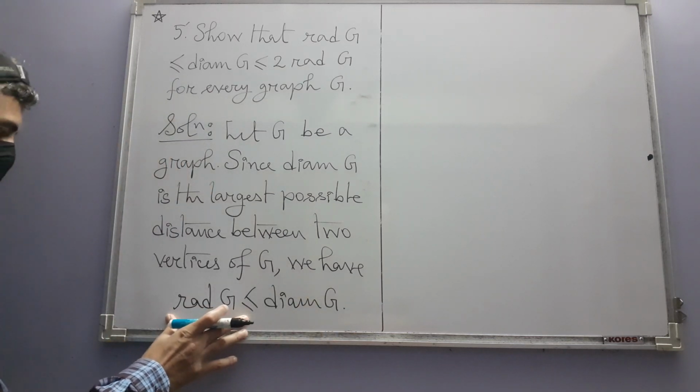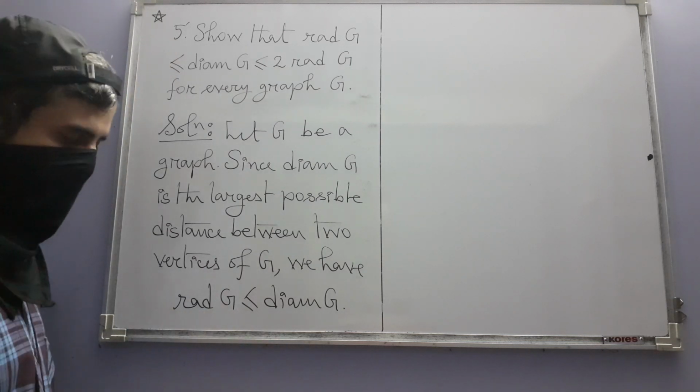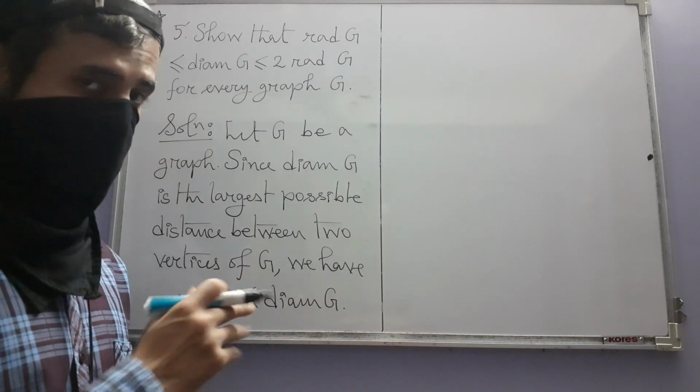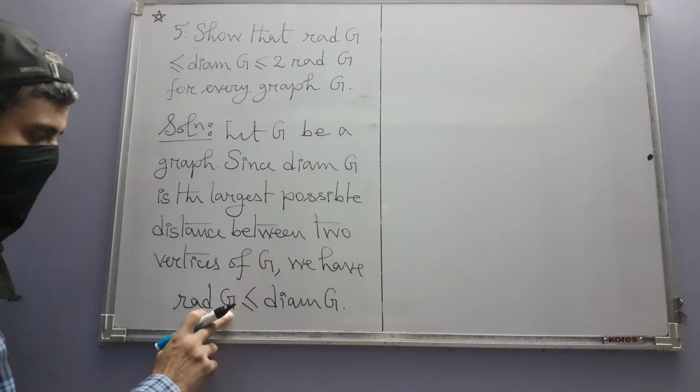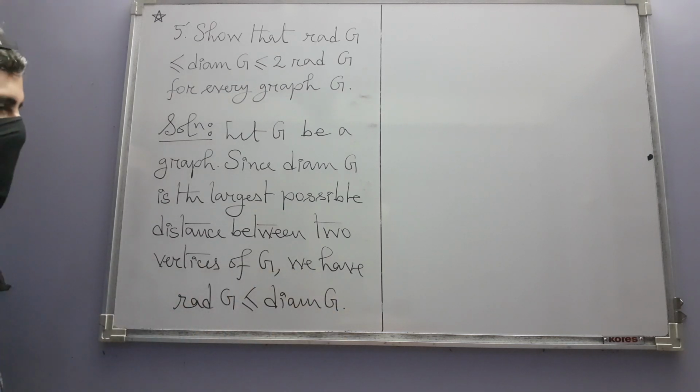Because the radius of G, whatever it is, is after all a distance between two vertices of G, and this is an upper bound for any distance between any two vertices of G, so naturally you have this inequality.